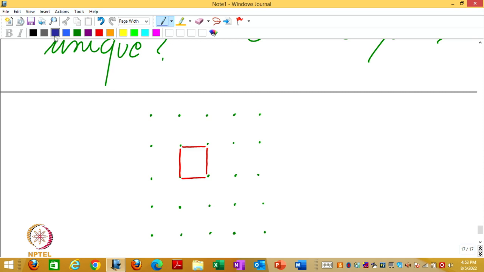2 by 2. So, 2 by 2 of this. This was there in your mind? Or you can change the orientation. Very good. So, let me change the color also to show the change in orientation.